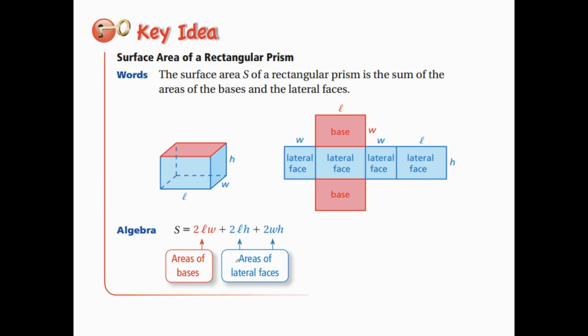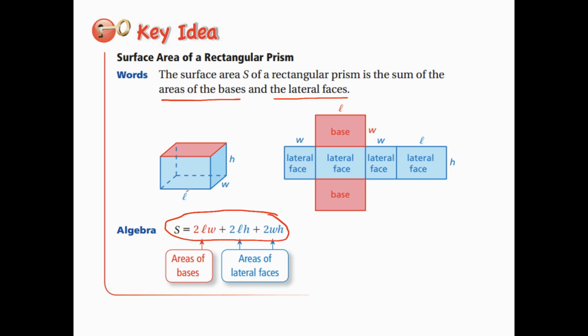Okay. So here's an important idea. The surface area of a rectangular prism, where all of the sides are rectangles or squares, is the sum of the areas of the bases, and I add that to the area of the lateral faces. It turns out for rectangular prisms and rectangular prisms only, there's a nice formula you can use.